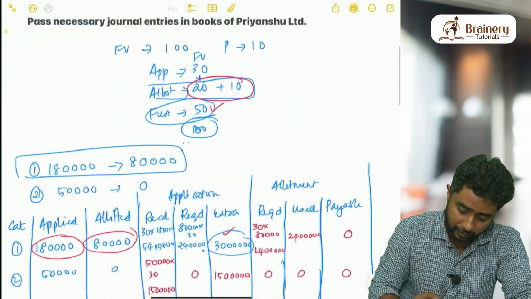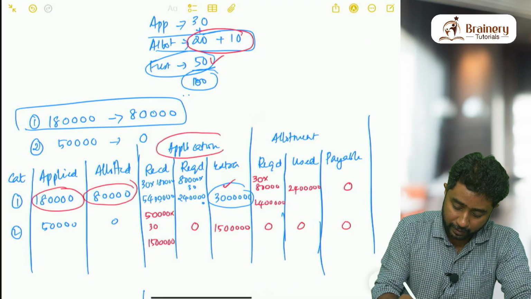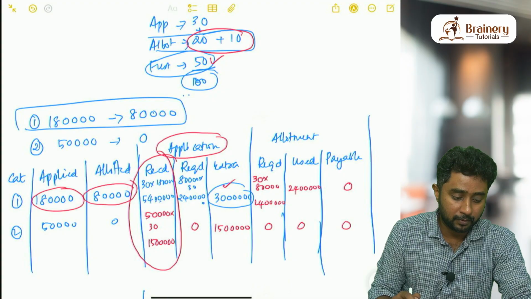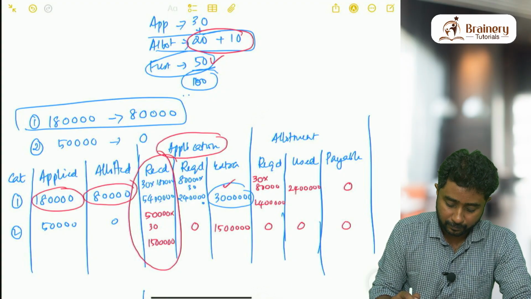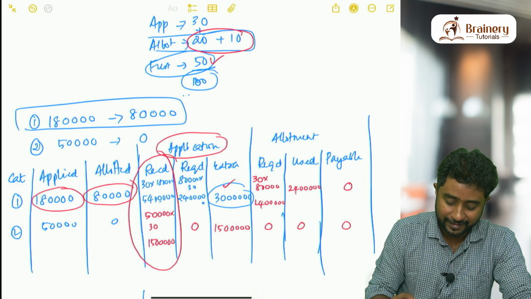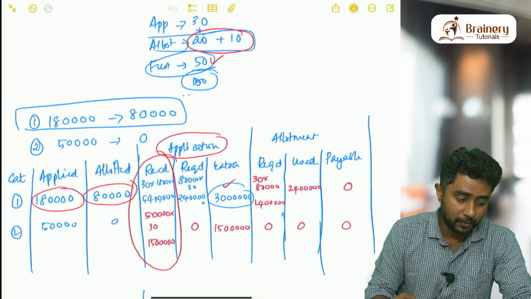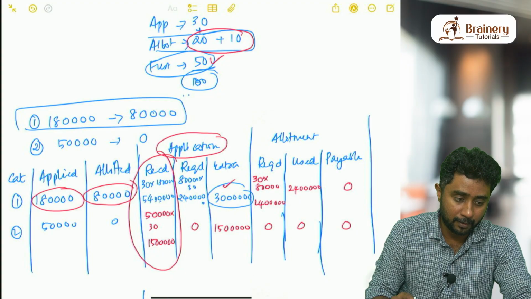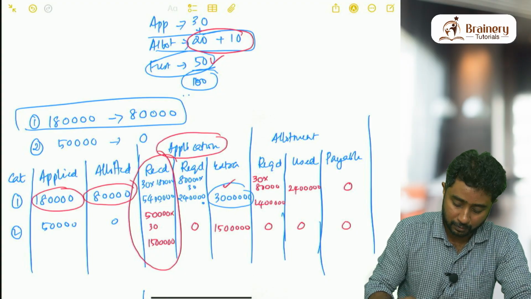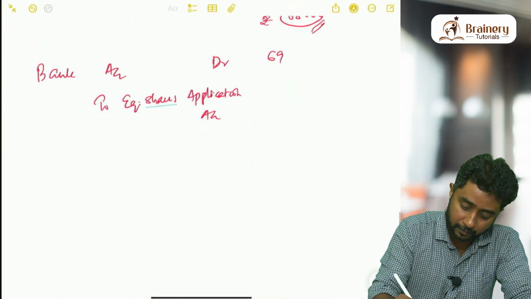For that we can take the help of this table: go to the application column and take the received column's total. So 54 lakhs and 15 lakhs, how much are we getting? 69 lakhs. If this is hard for you, you can take it like this: totally we have received applications for 2,30,000 shares into 30, so you will get 69 lakhs there also. So 69 lakhs we have to write here.